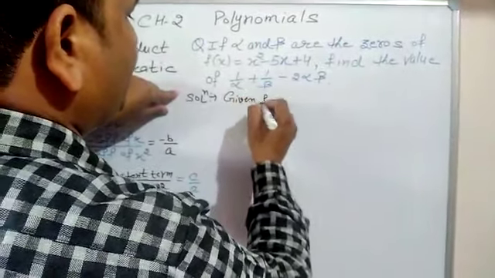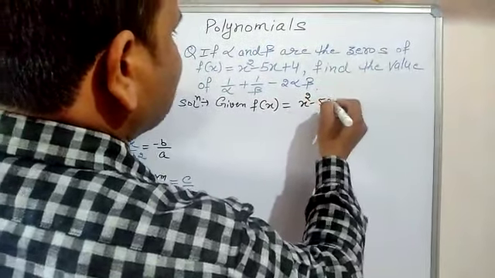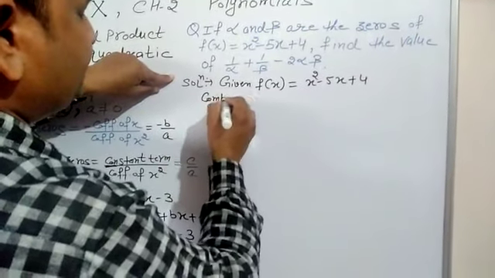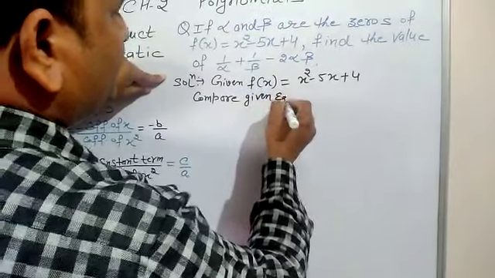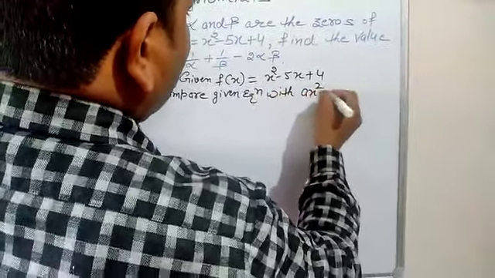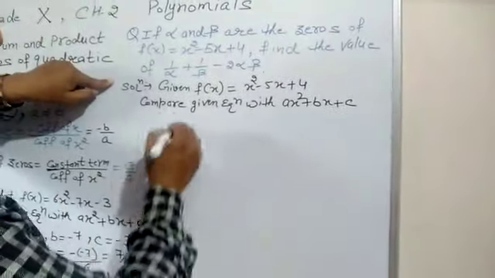Given f of x, your quadratic equation is equals to x square minus 5x plus 4. So I am writing here, compare given equation with ax square plus bx plus c, general form of quadratic equation.